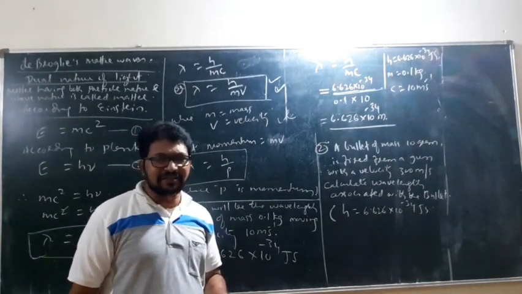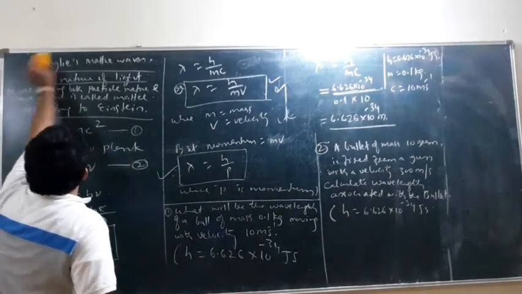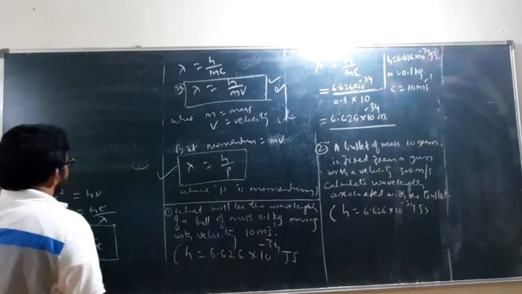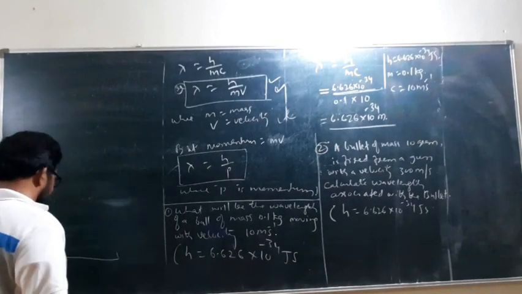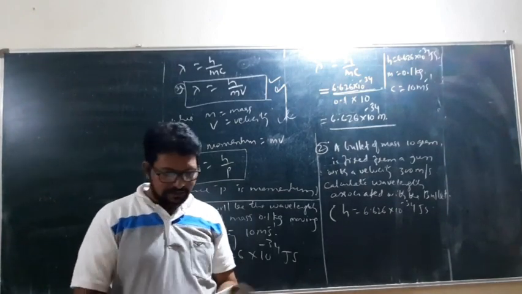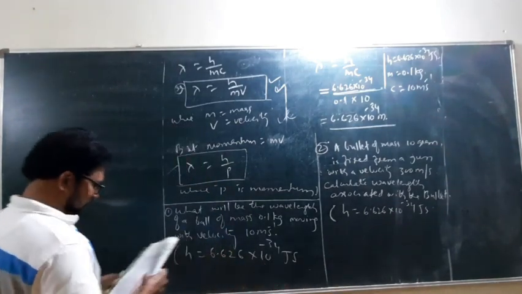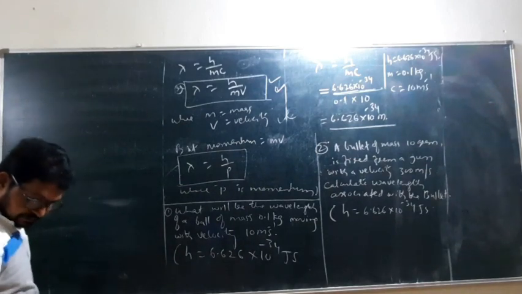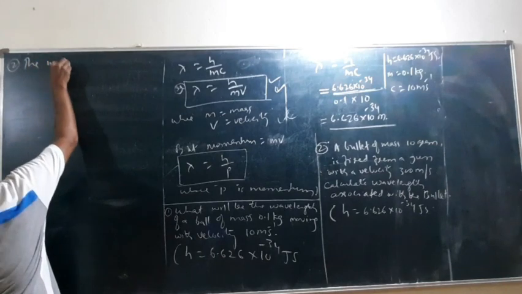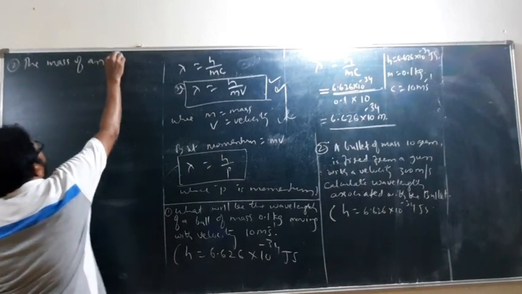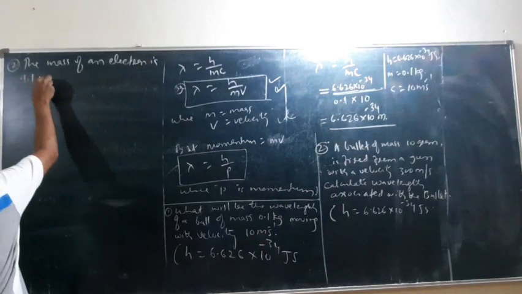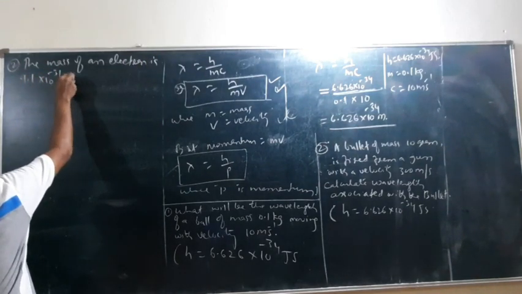I will work out one more problem, the wavelength of an electron. Shall I work it out? Look here. The mass of an electron is 9.1 into 10 raised to minus 31 kg.